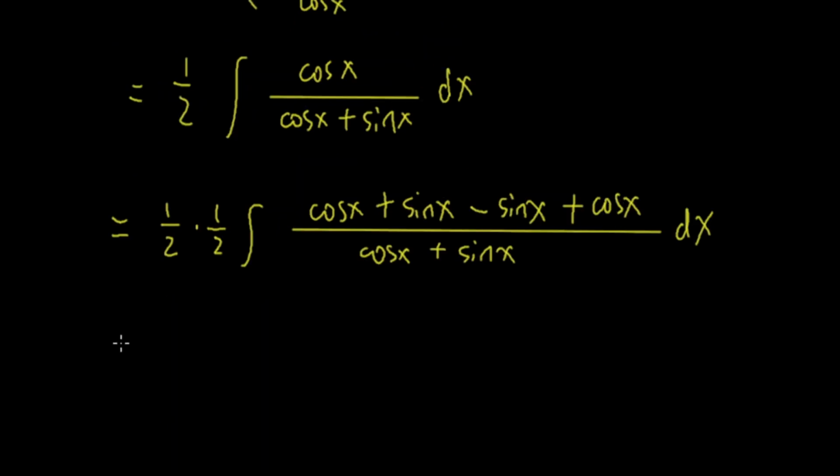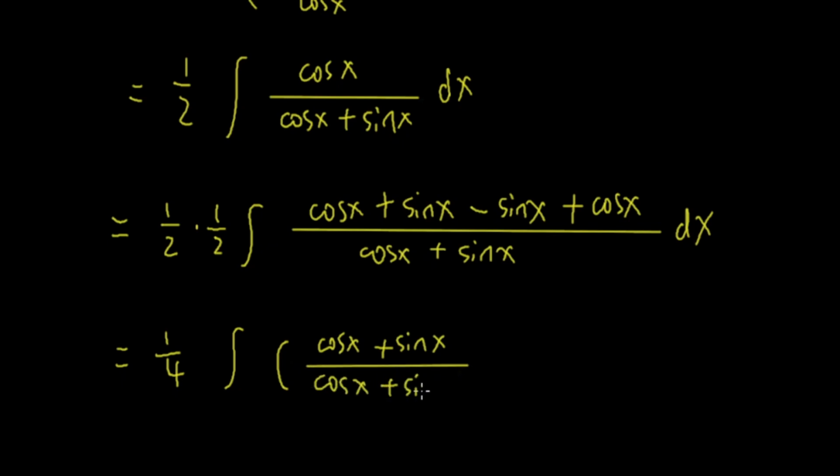Okay, now, here, this is 1 over 4 times the integral of cosine x plus sine x, all divided by this, cosine x plus sine x. Now, I will break it up here, okay?